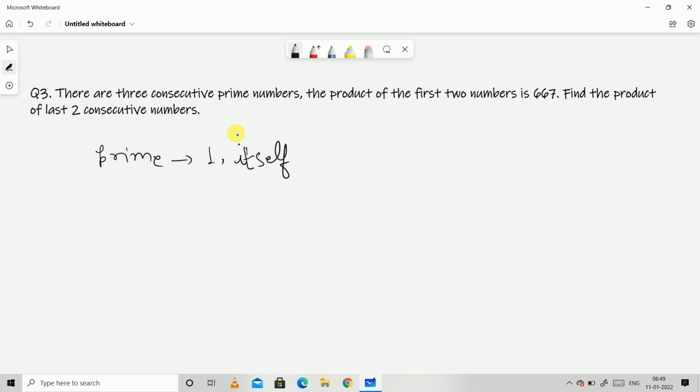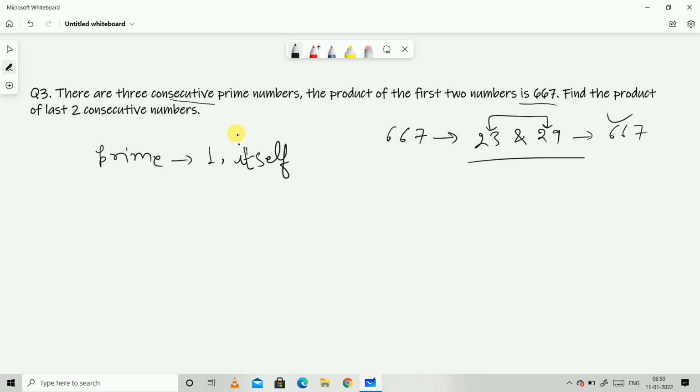Now see here, consecutive means one after the other, and here we should have some foreknowledge that 667 is the product of 23 and 29. This you should remember. This is an important point, and this can be asked in some exams. You should know this beforehand, that the product of 23 and 29 is 667.